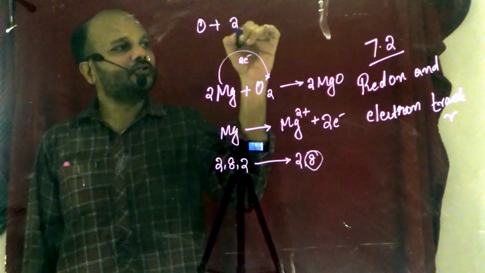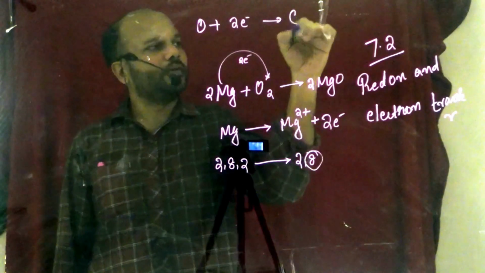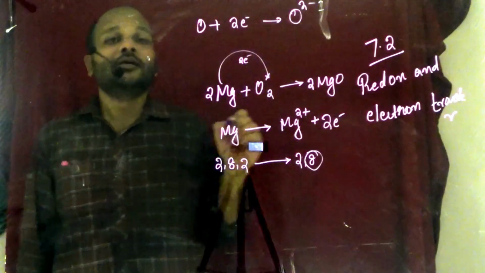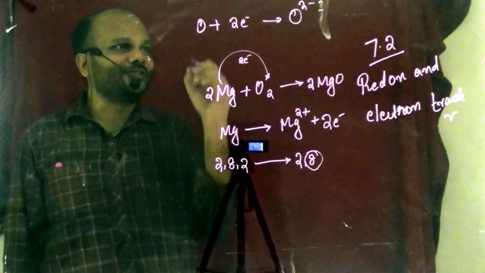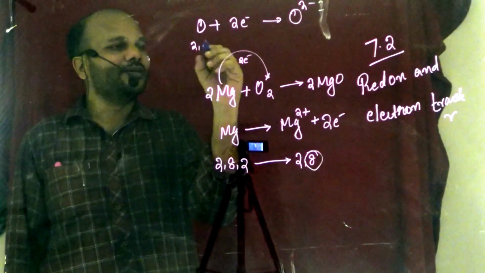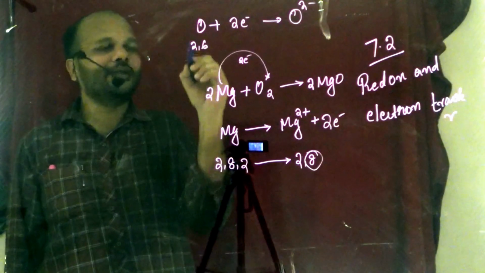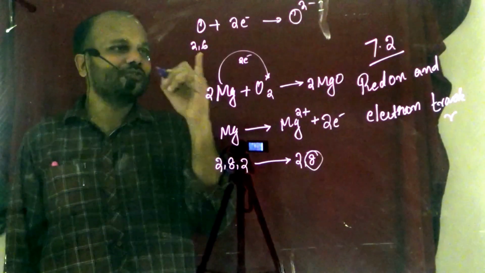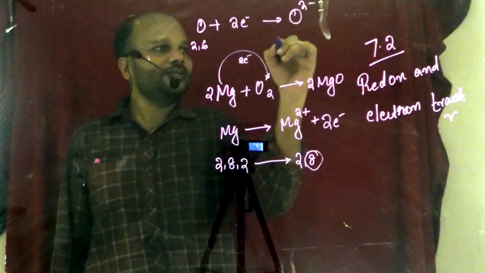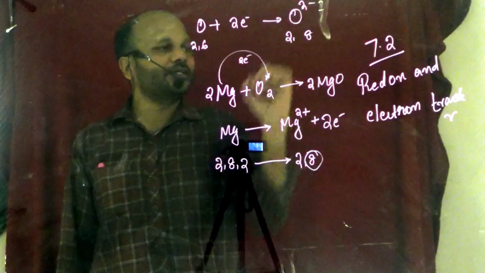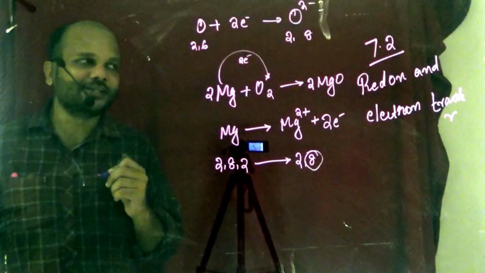Oxygen is going to accept 2 electrons, so it is going to become O2-. If you look internally, what is happening to the electronic configuration of oxygen? Here it is 2, 6, because the atomic number of oxygen is 8. When it gains 2 electrons, its electronic configuration changes into 2, 8.